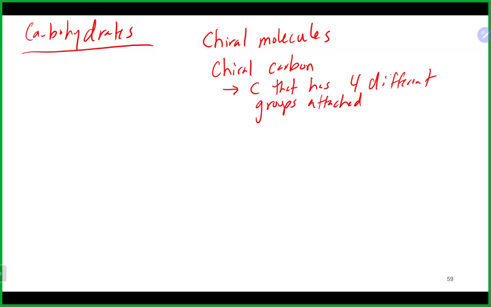Now, one of the things about a chiral compound is if you take that compound and you stick it in front of a mirror, although my drawing here is probably not the best drawing to represent that, the mirror image is non-superimposable.